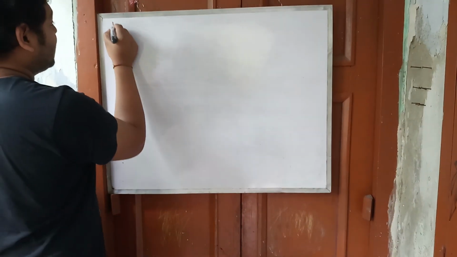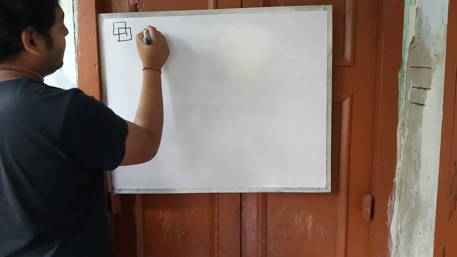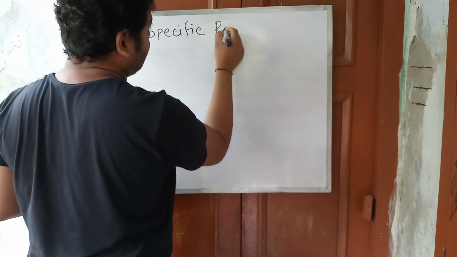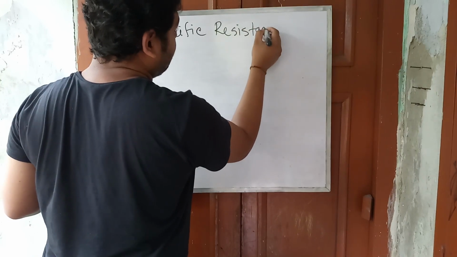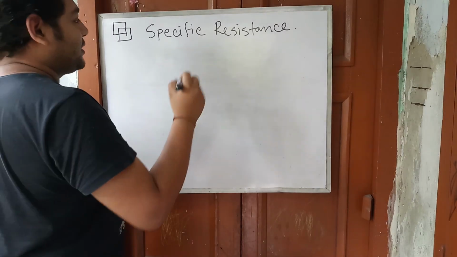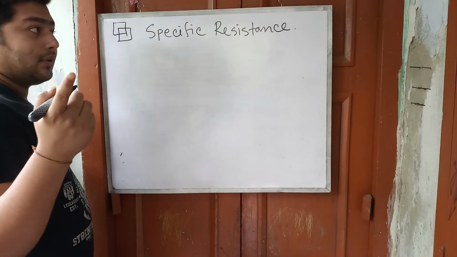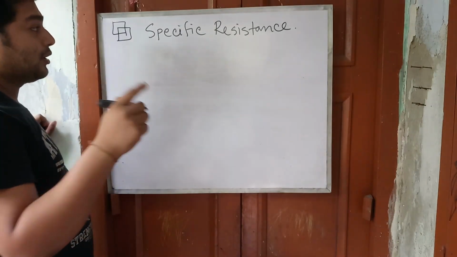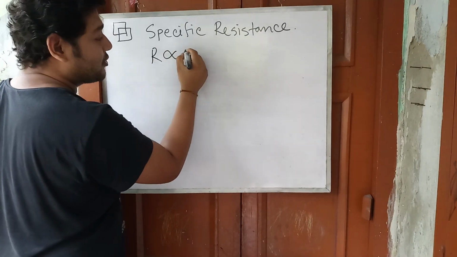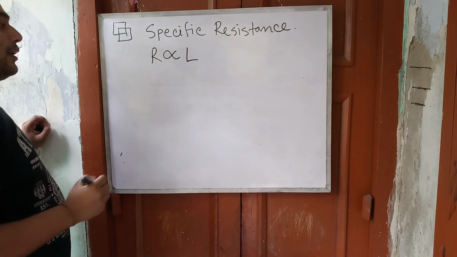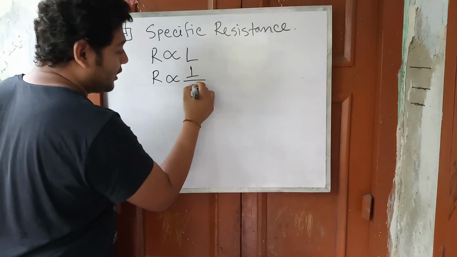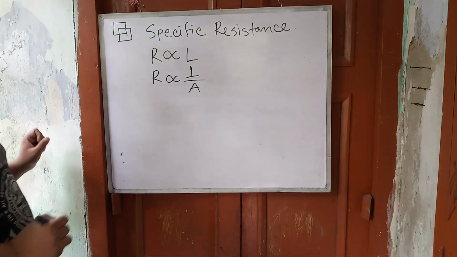Now, the specific resistance. From the laws of resistance, we can see that the resistance is directly proportional to the length of the wire and inversely proportional to the cross-sectional area of the wire or conductor.